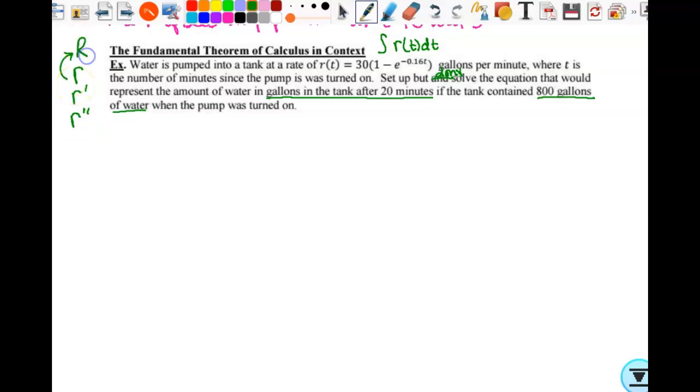Capital R. So we are looking for R of 20. That's what it's asking us for, big R of 20. That's what we don't know, which we'll find. And then we know it contained 800 gallons when it was turned on. So that is R of 0. No time has elapsed, and I have 800 gallons in there.